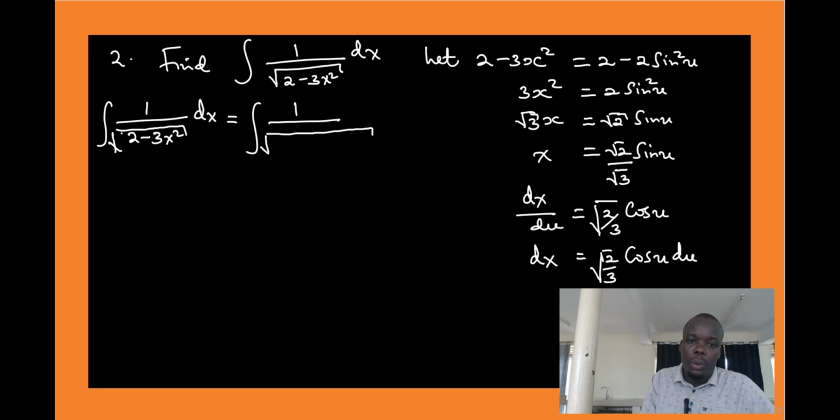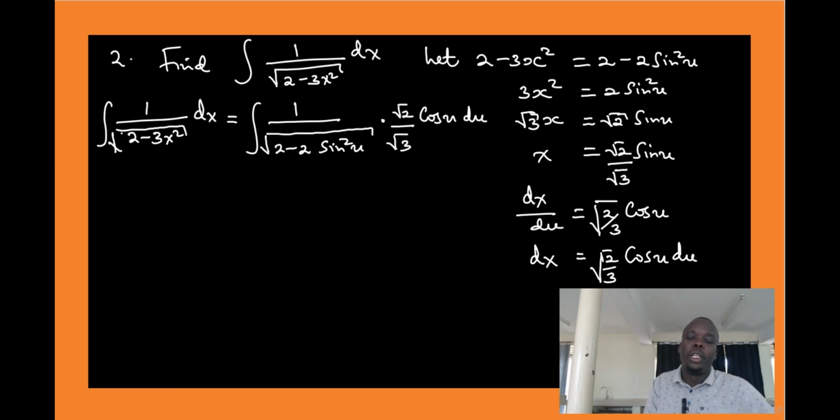So this will be 2 minus 2 sine squared of u. And dx is, now this time around, I can break it down again, root of 2 out of root of 3, cos of u du.